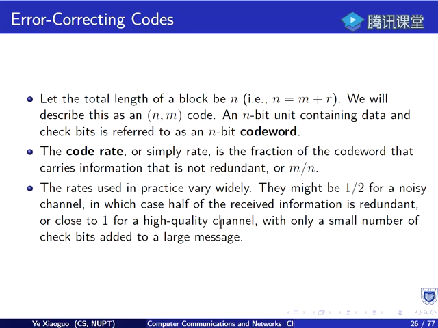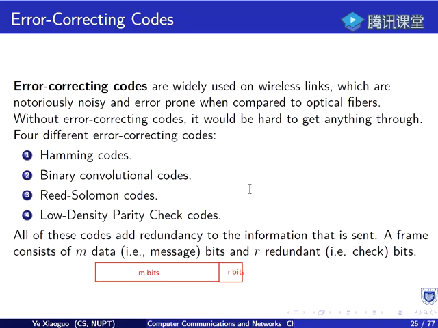Let the total length of a block be n. N equals m plus r. This is m, this is r. So the total length of the frame is n, and n is m plus r.